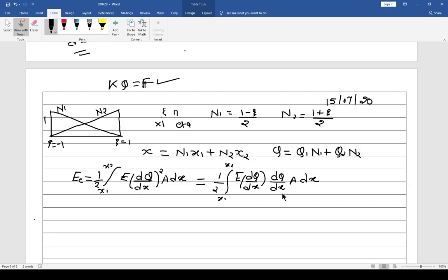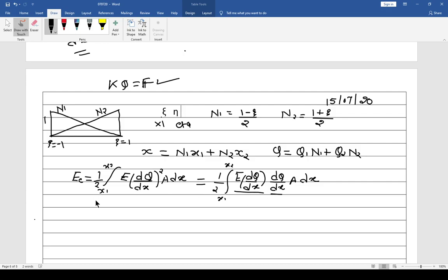Okay, now dq by dx is strain. So modulus of elasticity into strain is your stress, sigma. According to Hooke's law, modulus of elasticity into strain is your stress, and this represents strain.